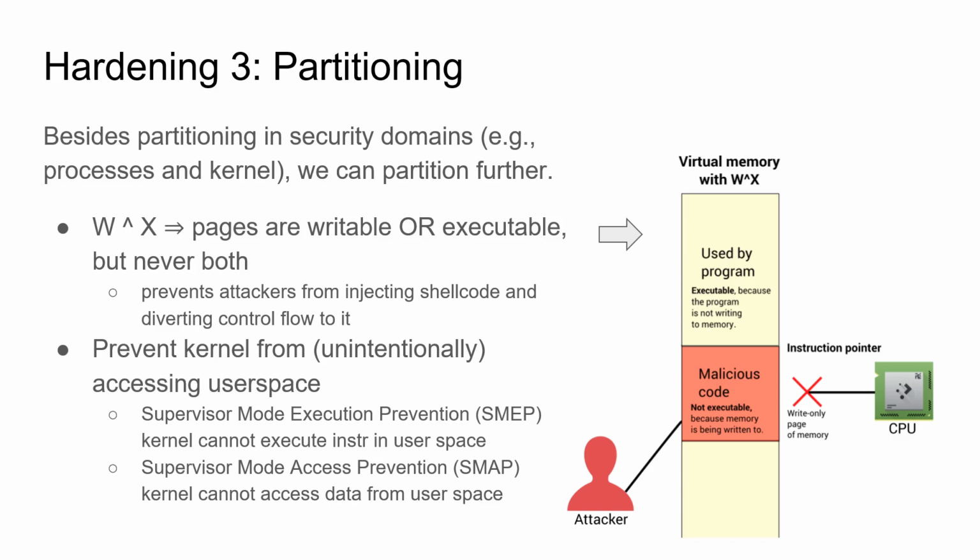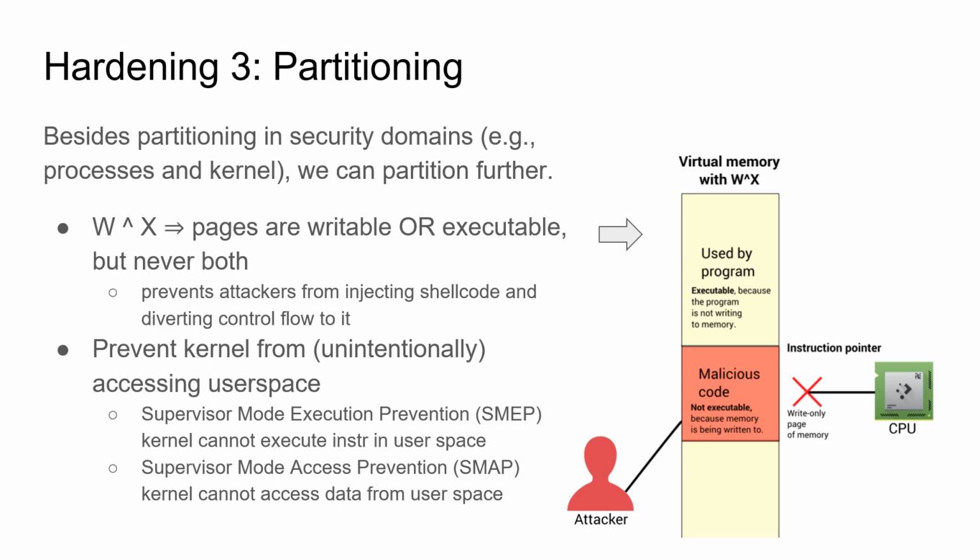One good example of this is what we refer to as data execution prevention, or write exclusive-or execute, or NX, the non-execute bit, as it's sometimes called. All of these mechanisms are essentially the same, and it basically means that a page of memory is either writable or executable, but never both at the same time.